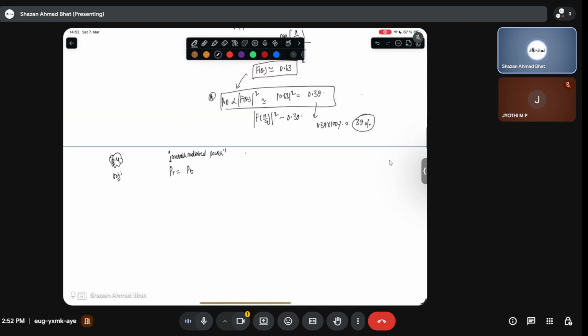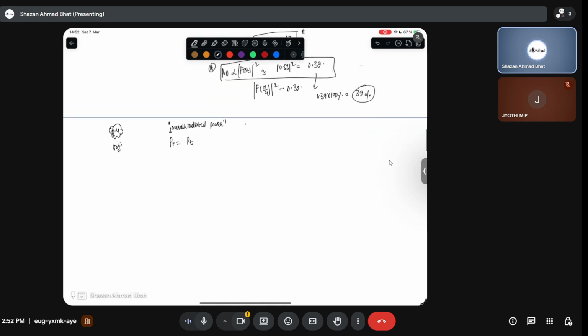You might have studied it in week 7. It depends upon the transmitted power by the antenna, the gain of the transmitting antenna and the gain of the receiving antenna, and it depends upon the wavelength and the distance between the antennas, with the square of this.